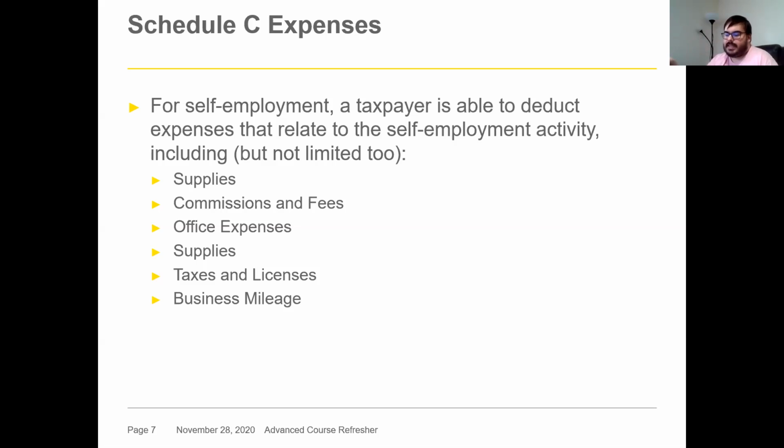When they passed the Tax Cuts and Jobs Act in 2017, all of those expenses that went into your non-reimbursed expenses on your Schedule A went away.